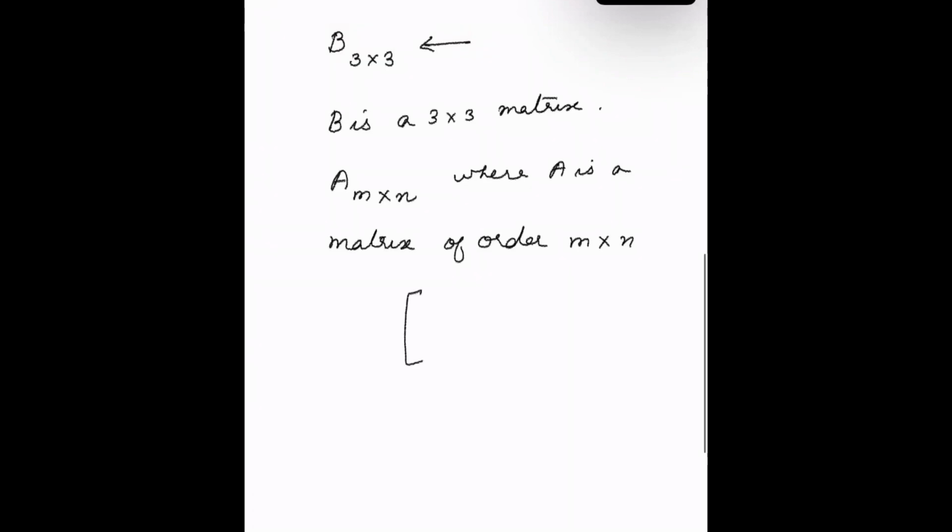Each of the numbers or entities written within a matrix is called an element of the matrix.